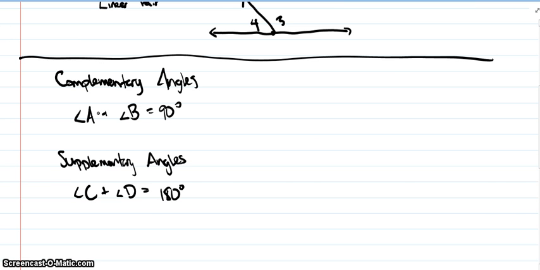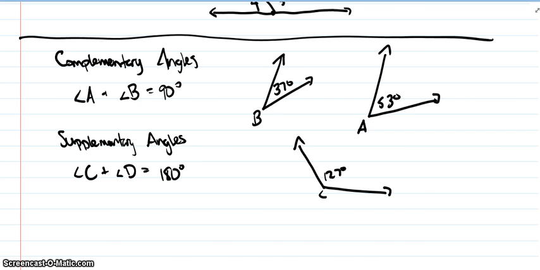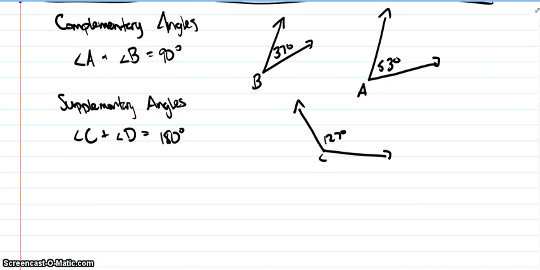So let's do a quick visual representation. If we had 37 degrees on angle B, 53 degrees on angle A, and 127 degrees on angle C. Looking at this, we can see that 37 plus 53, when you add it together, is going to get 90.